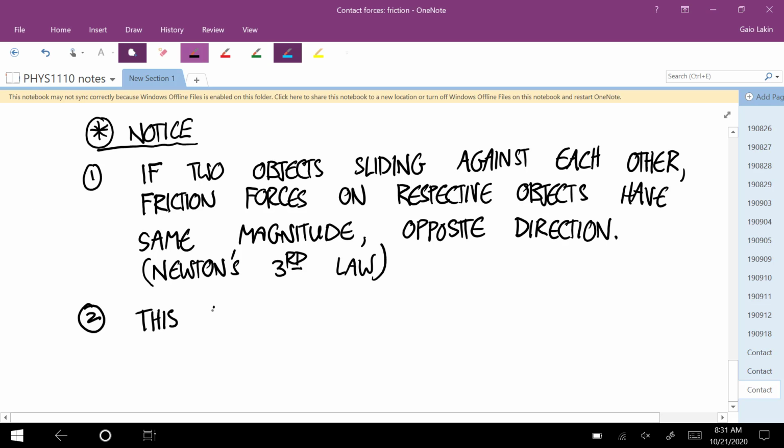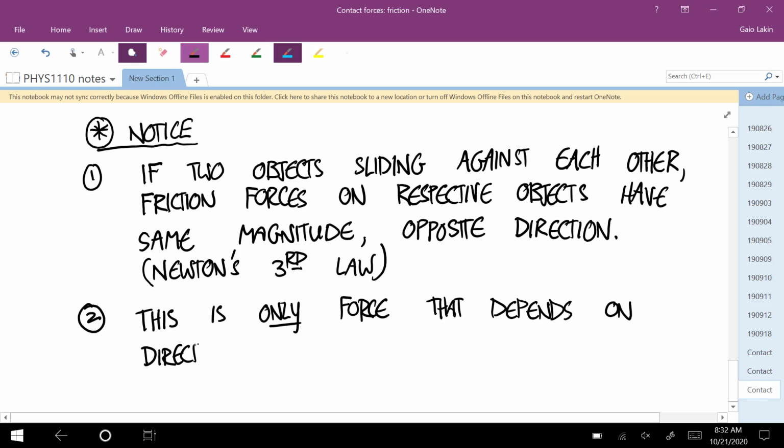So this is the only force, including gravity, including the other contact forces, that depends on the direction of the velocity. So you can't do a kinetic friction problem without knowing the direction the object is moving.